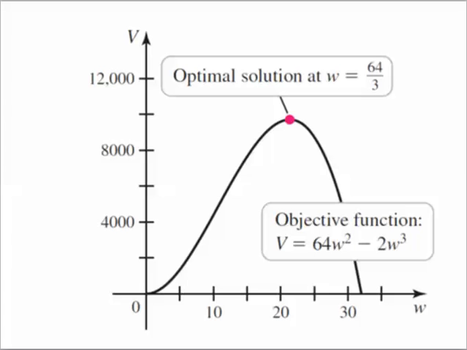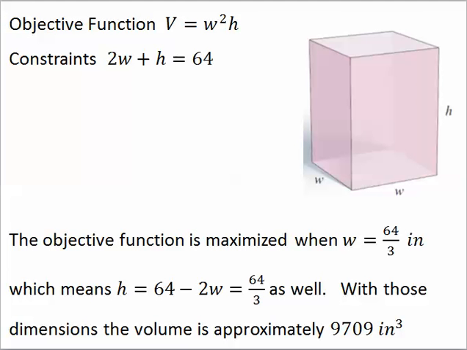It's a graph of your objective function after you've written your objective function in terms of just one variable. And you can see that indeed we have an optimal solution when w is equal to 64/3. The objective function is maximized when w is 64/3 inches, which means that h would be 64/3 inches as well. With those dimensions, the volume is approximately 9,709 cubic inches.